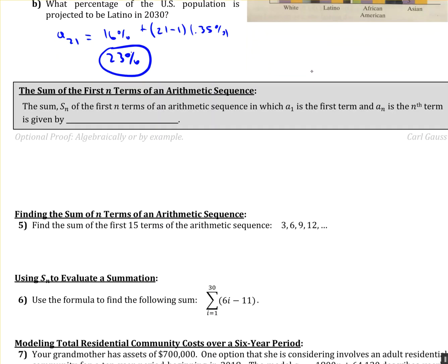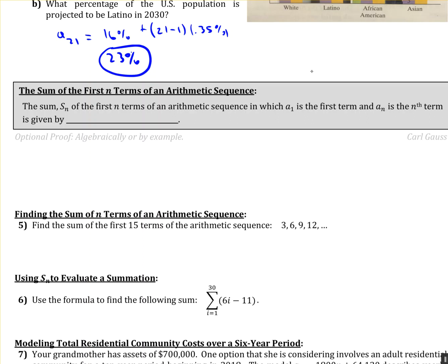All right, so now we're going to talk about the sum. There are basically two types of things we're going to be looking at: sequences, which we've been talking about this whole video, and then series, which typically when we're talking about series, they'll be infinite. But basically what we look at is the sum of the first n terms of an arithmetic sequence.